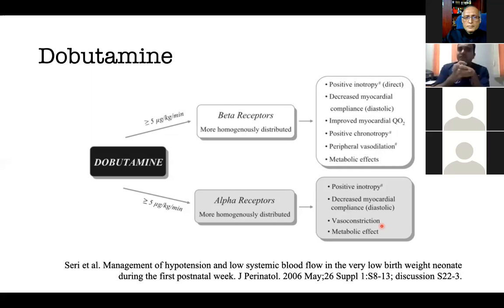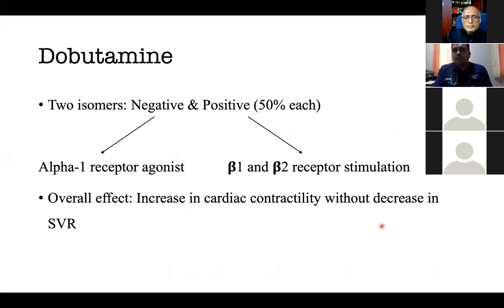And the beneficial effect of dobuta is that it causes action on beta receptors whereby cause inotropy and chronotropy. So overall effect of dobuta is it increases cardiac contractility without decreasing SVR. So you needn't be that tensed or worried that after starting dobuta, the BP will start falling.